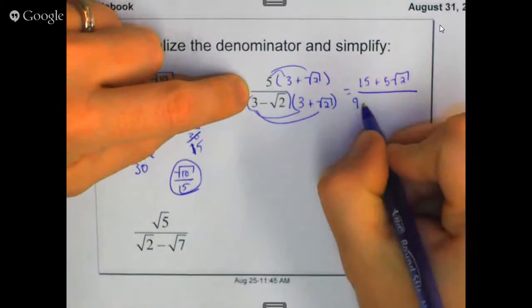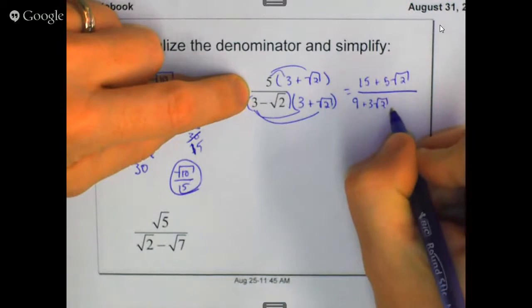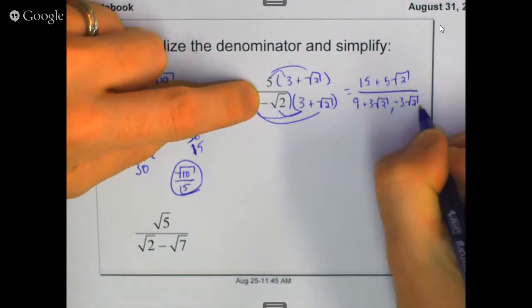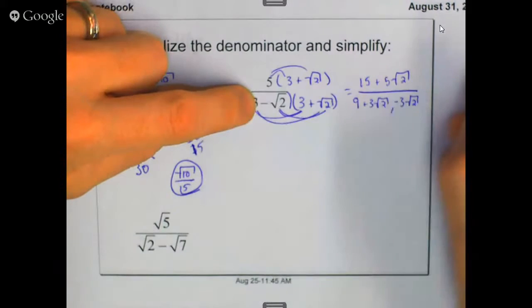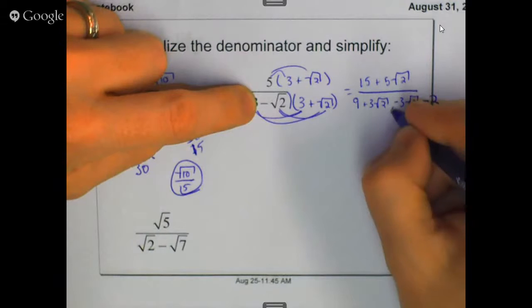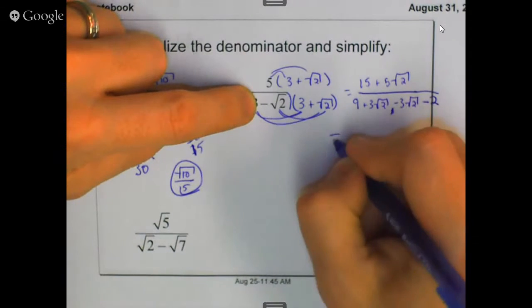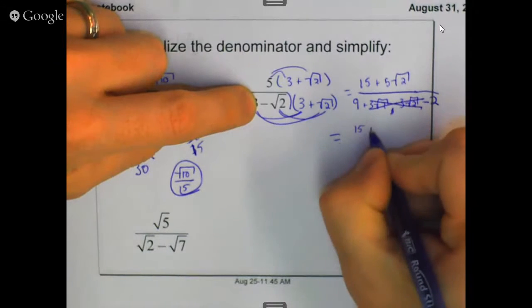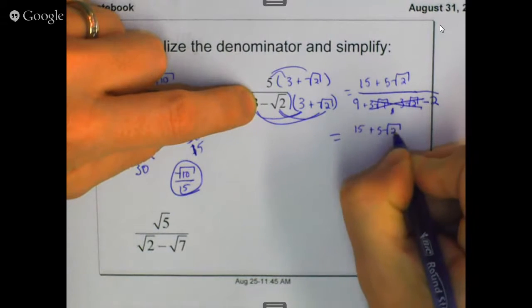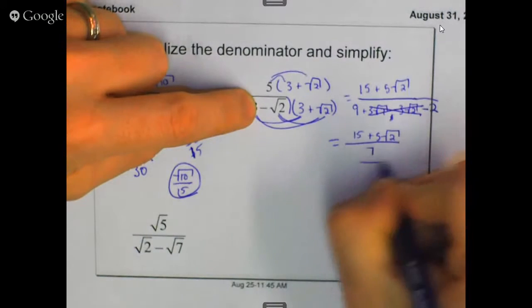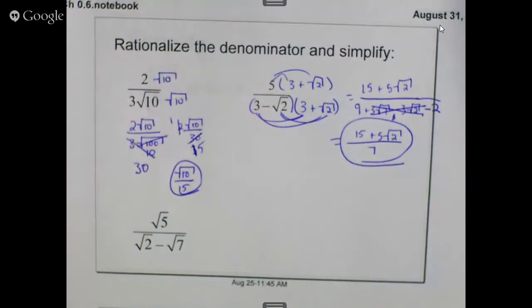Outside, we get 3 radical 2. Inside, we get minus 3 radical 2. And last, we get negative radical 4, which is 2. The middle 2 cancel out, so you have 15 plus 5 radical 2 over 9 minus 2 is 7. And we can't cancel anything.